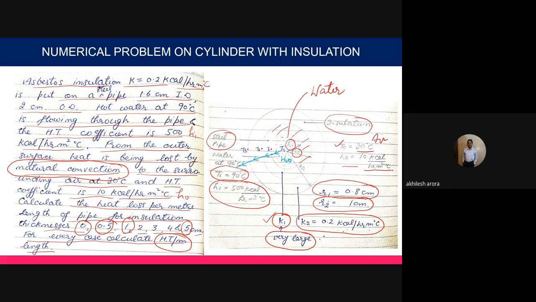So basically there are four resistances in this circuit, which are in series.